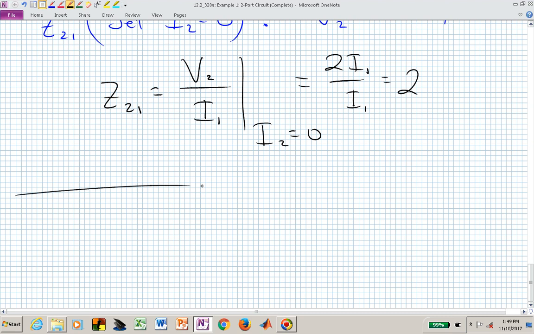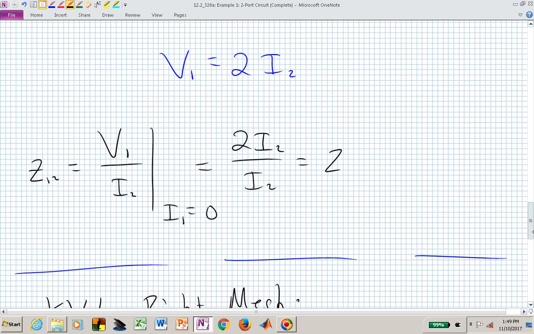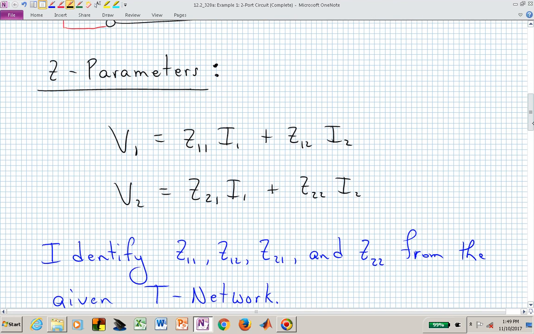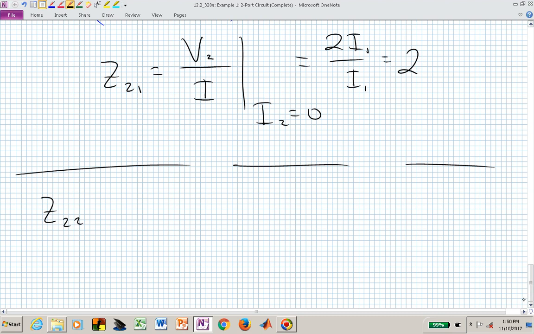One more of the Z parameters of the 4. We've already identified 3 of the 4. We now are trying to find Z sub 2, 2, and we can find that based on the definition by finding a relationship that involves V sub 2, I1, and I sub 2, and setting I sub 1 equal to 0, or setting that leftmost source, or the source at the input port, equal to 0.